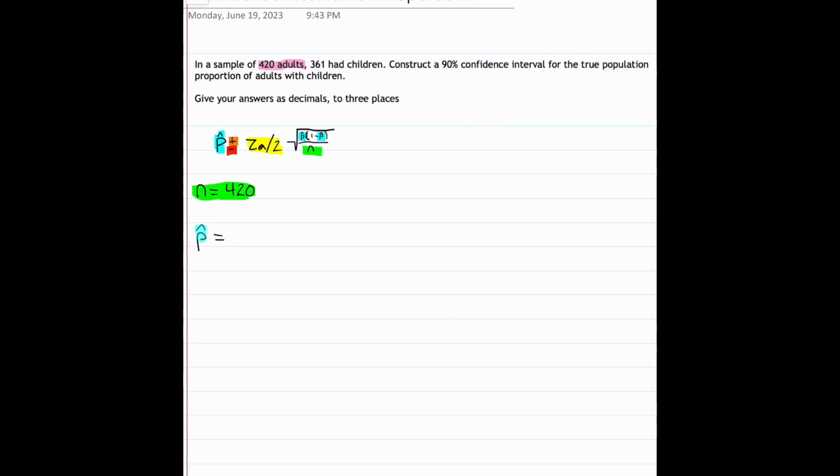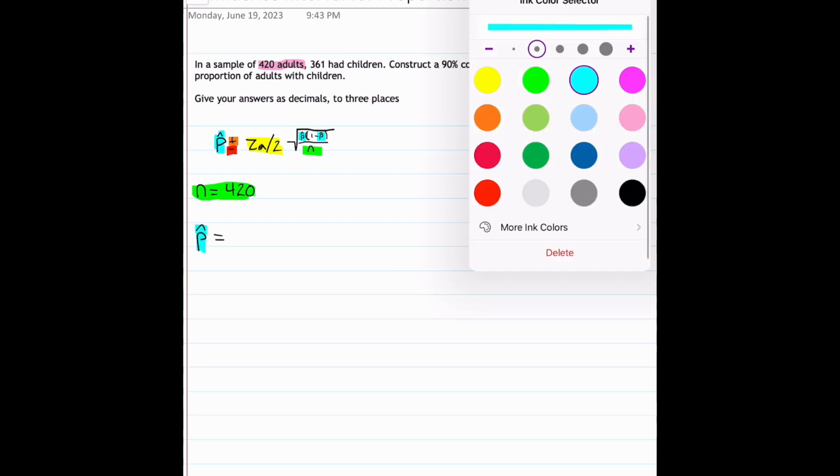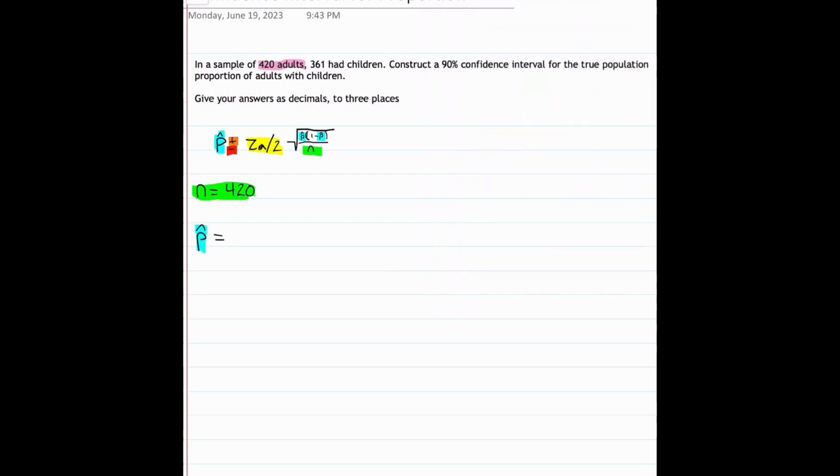So for our p hat, the way that you find that is you will do the total number that you're looking for out of the sample. So it's going to be 361, being the number who had children, out of the 420 total sampled.